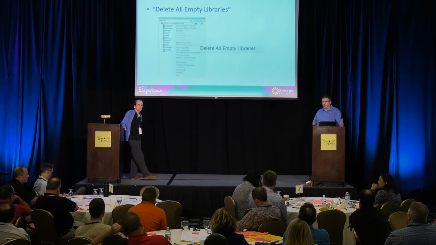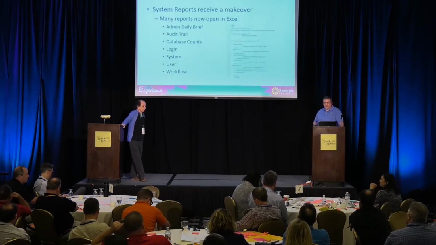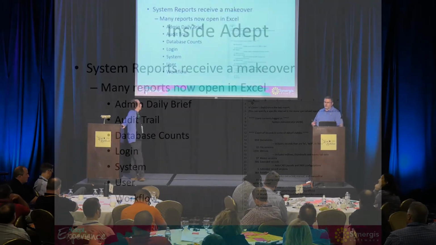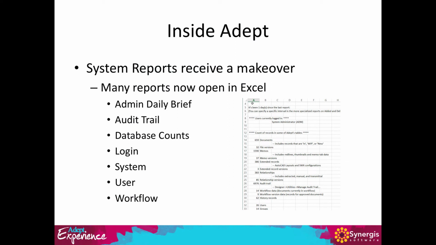Okay. Just going to go over one last slide, and that is system reports receive a makeover. So many reports now open up in Excel. As long as you have Excel on the machine that you're running the report from, those are, for example, the admin daily brief, the audit trail, database counts, login, system, the user report, workflow. Those all open now in an Excel format.